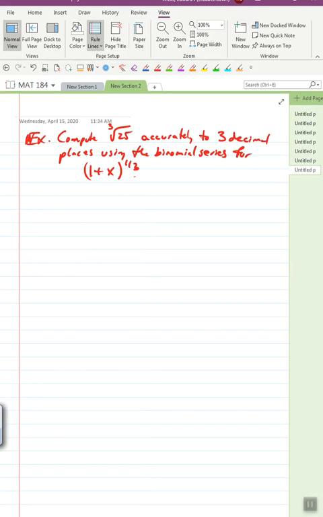Alright, first of all, let's just write out what 1 plus x to the 1/3 is. According to our formula, it should be 1 plus series n equals 1 to infinity. Okay, how does it go? It's supposed to be m times m minus 1 down to m minus n plus 1, except our m is now 1/3. So this should be 1/3 times 1/3 minus 1.